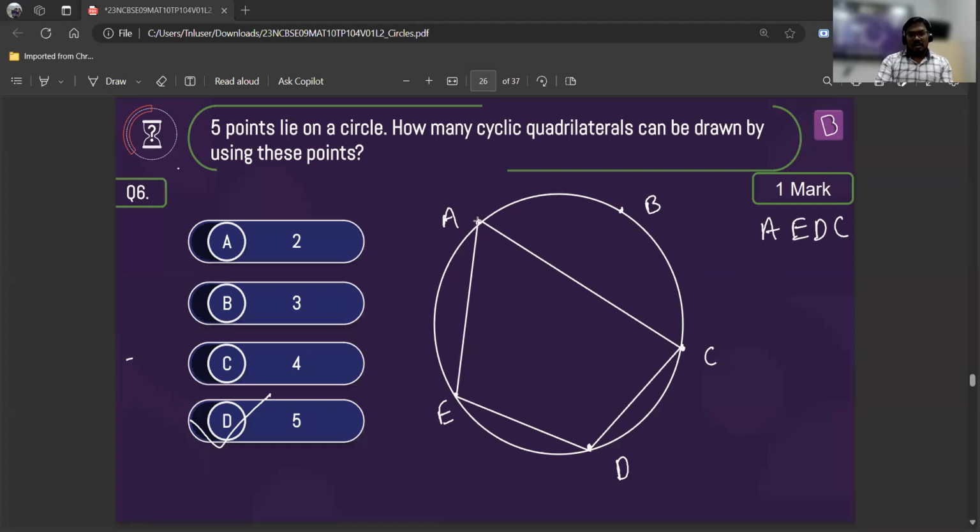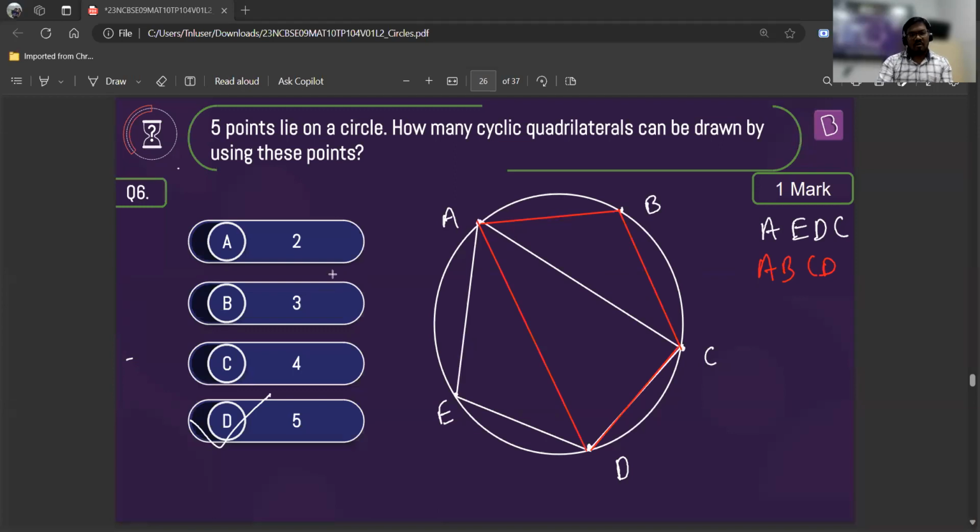Now let's see AD, AB, this one, the red one. So that's named ABCD. This is one of the cyclic quadrilaterals. Similarly, you will draw one more quadrilateral. I will give you a few more.